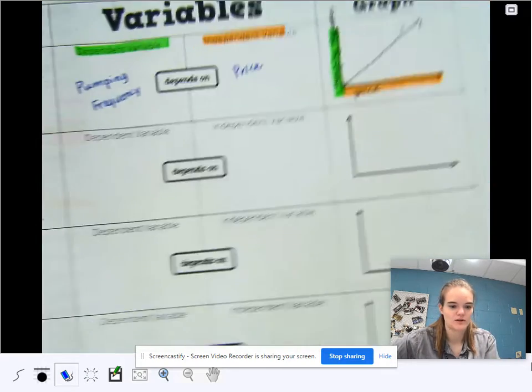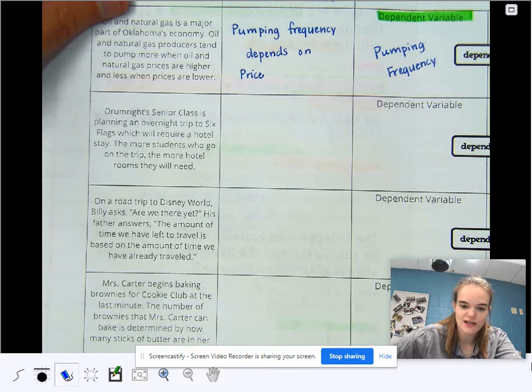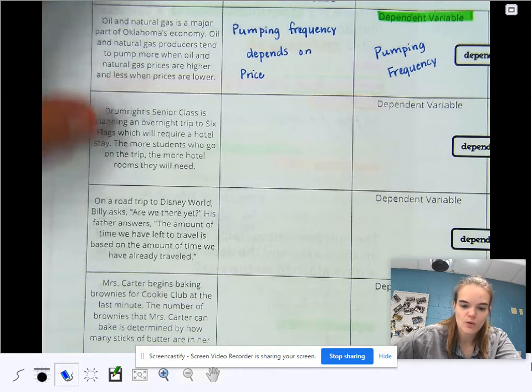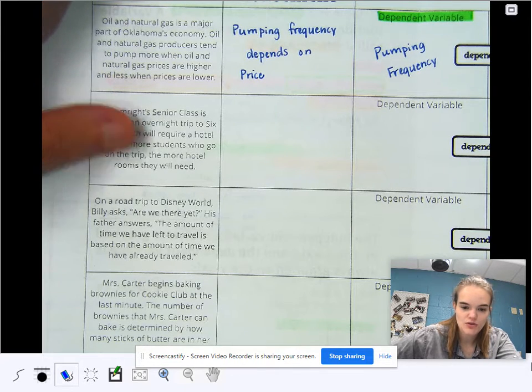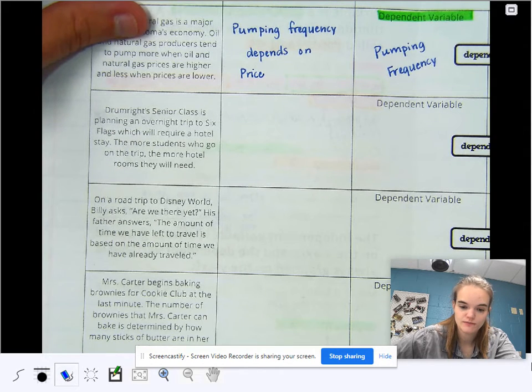Okay, the next one. Drumright's senior class is planning an overnight trip to Six Flags that will require a hotel stay. The more students who go on the trip, the more hotel rooms they will need. So what depends on what?